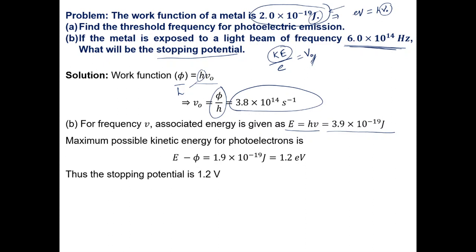Therefore the kinetic energy of the photoelectrons, which is this E minus the work function, comes out to 1.2 electron volt. If this is the kinetic energy, you divide it by the charge, so the electron cancels, and you get 1.2 volt as the stopping potential.